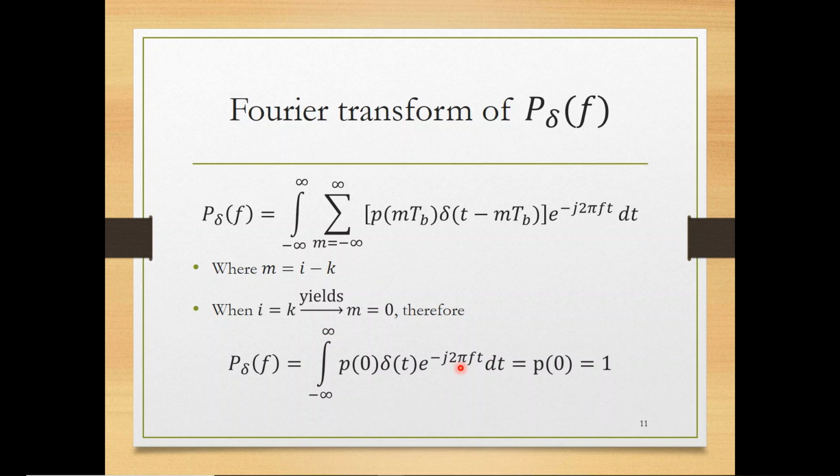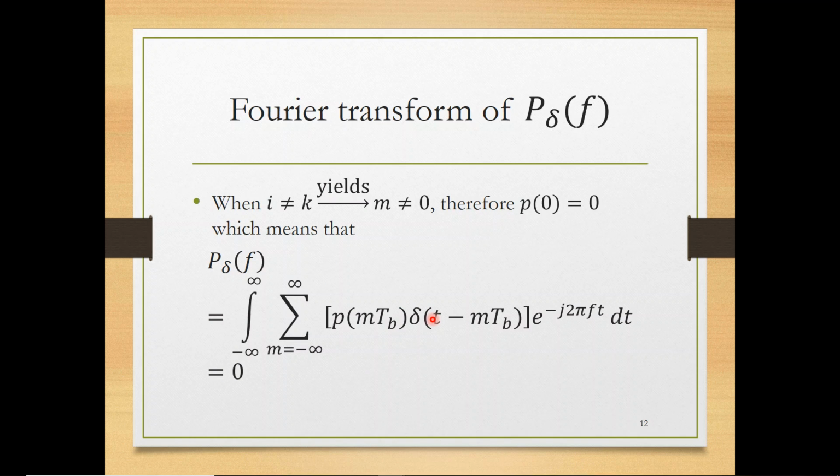It's simply this, that this becomes p(0), which is equal to 1. If you just integrate this, e to the minus j2πft over minus j2πf, and the integration from minus infinity to infinity, substitute the value, you will be left with just p(0). p(0) is equal to 1 because we already at the beginning normalized it and made it to be 1.